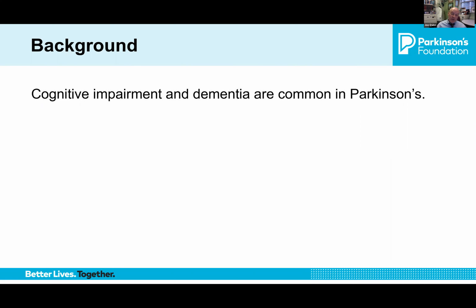And when we talk about 10 to 15 years into the disease, 75, 85% of people will have a very significant cognitive impairment, maybe even dementia. But there's a saying that we use in the Parkinson's world very frequently, which is, if you've seen one person with Parkinson's disease, you've seen one person with Parkinson's disease, meaning there's a lot of variability in these sorts of things. So it is common, but I don't want to give you the idea that it is inevitable.